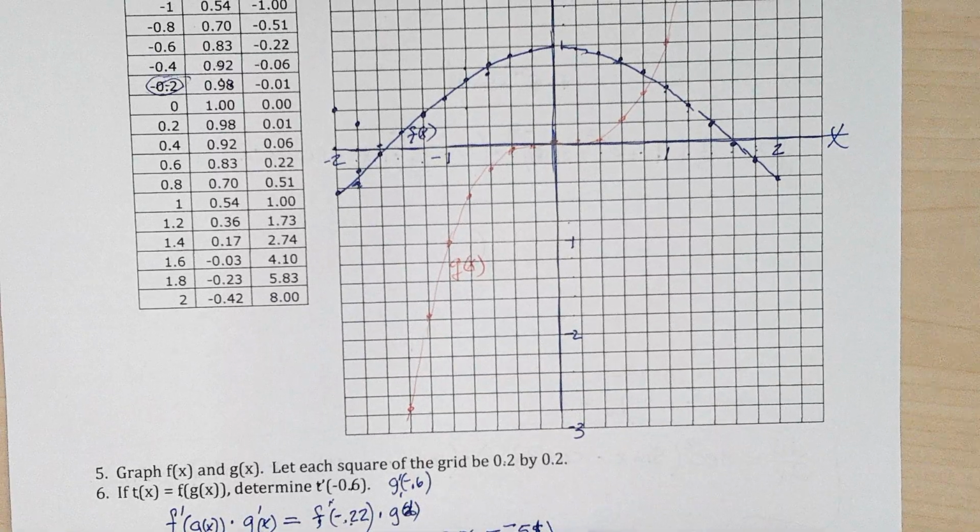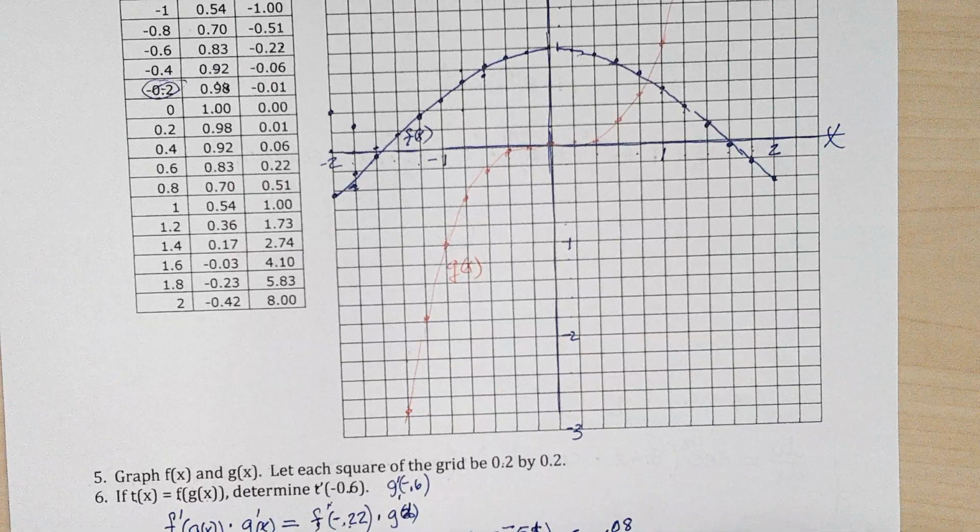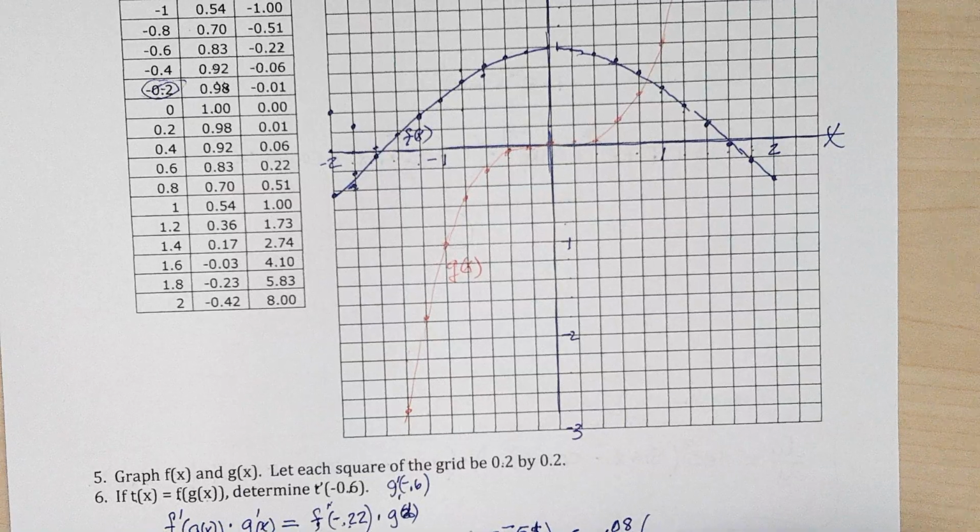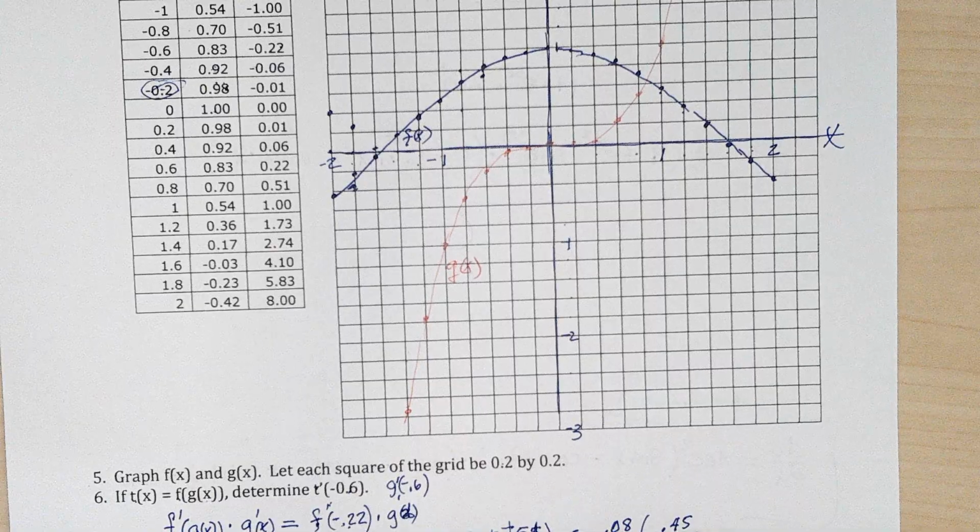So this is going to be approximately the slope of f of g of x of t at negative 0.6. So 1 minus 0.92 is 0.08, over 0 minus a minus is plus 0.4 times, let's see, negative 0.06 plus 0.51, so that'd be 0.45, I believe, over negative 0.4 plus 0.8 is 0.4.